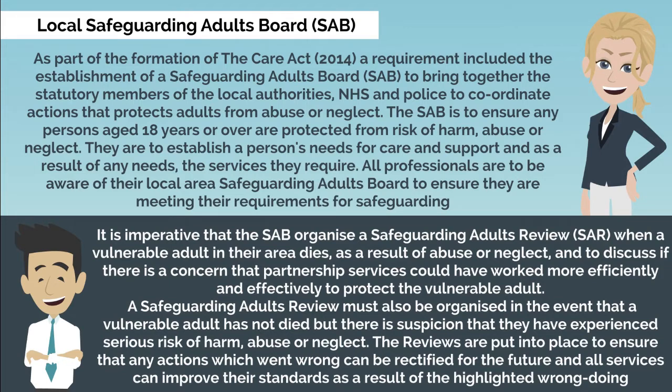A Safeguarding Adults Review must also be organised in the event that a vulnerable adult has not died, but there is a suspicion that they have experienced serious risk of harm, abuse or neglect. The reviews are put into place to ensure that any actions which went wrong can be rectified for the future, and all services can improve their standards as a result of the highlighted wrongdoing.